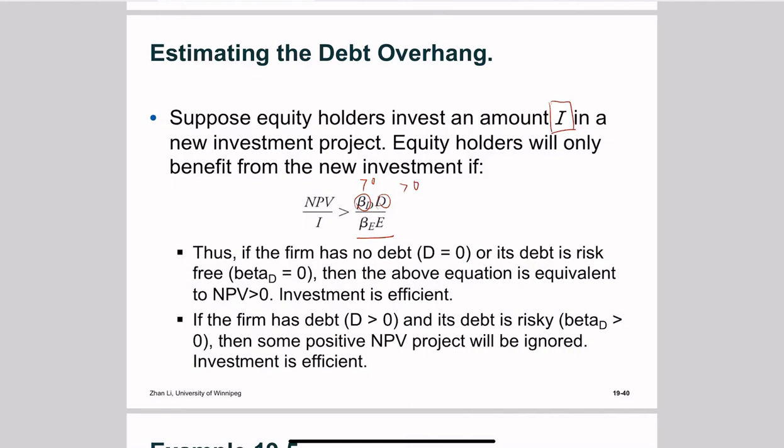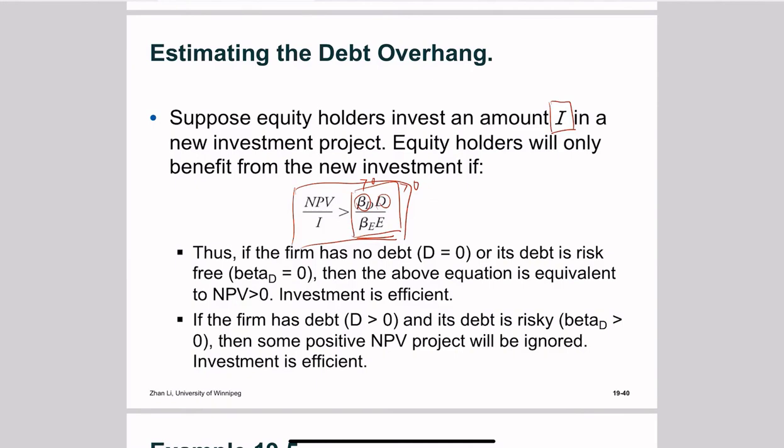This formula says any project with a positive NPV smaller than this right-hand side will not be pursued. So if the right-hand side is larger, then more projects will be ignored by shareholders. So the problem of debt overhang is more severe.